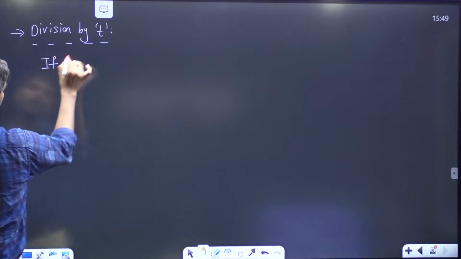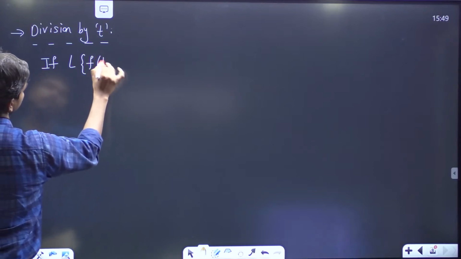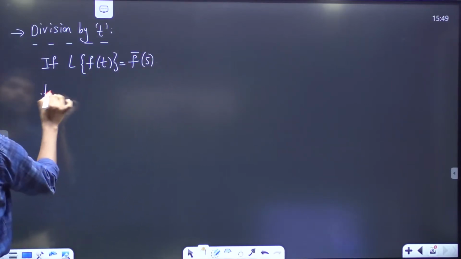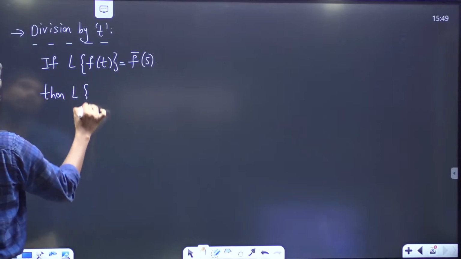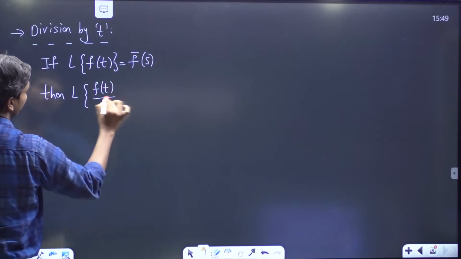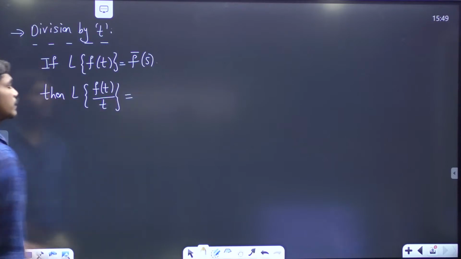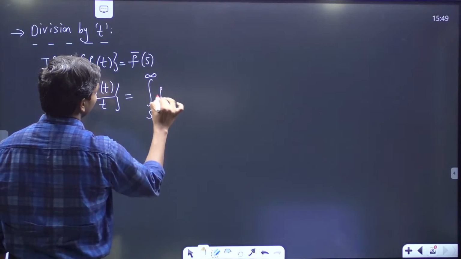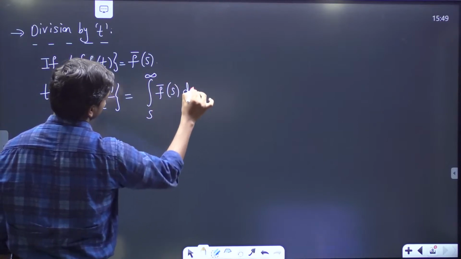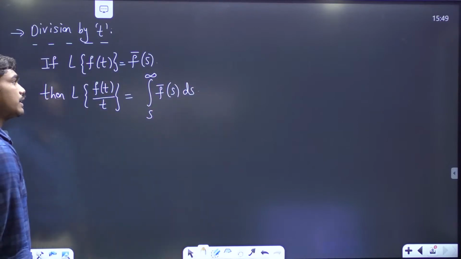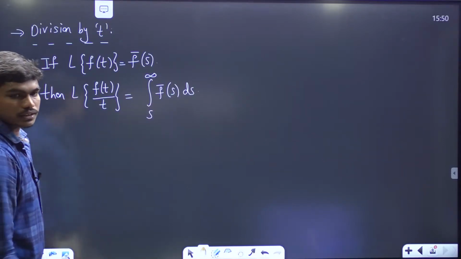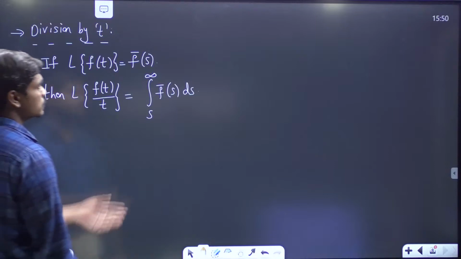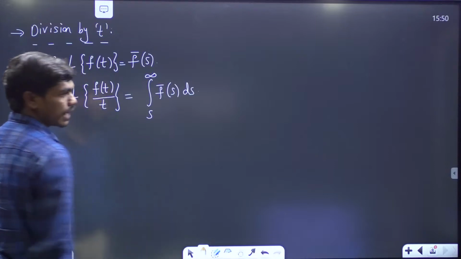If Laplace transform of f of t is equal to f bar of s, then Laplace of f of t by t, the function divided by t, can be written as integral s to infinity f bar of s ds. This is what we have. So you can calculate the things now.